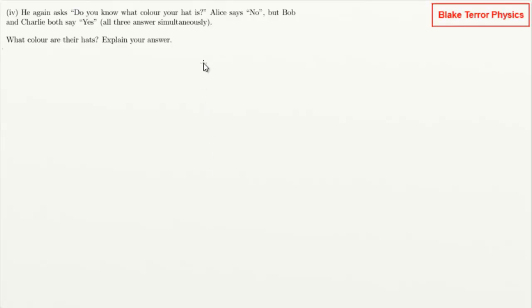Right, so we've got a difference here between Alice, Bob and Charlie. So we had the initial options, white, white, white, or white, white, black. Well, it can't be white, white, white, since Alice is now different.